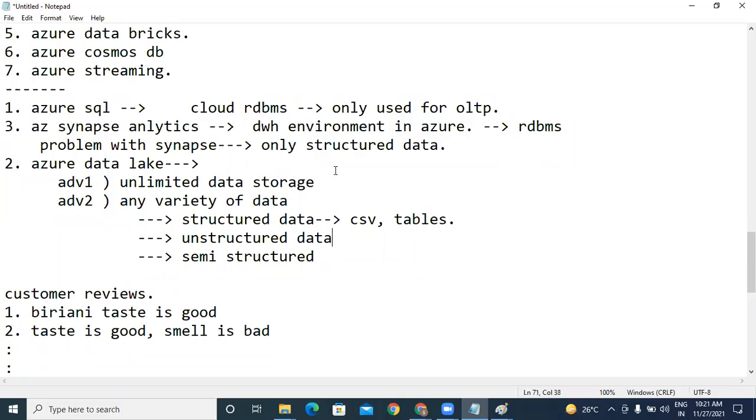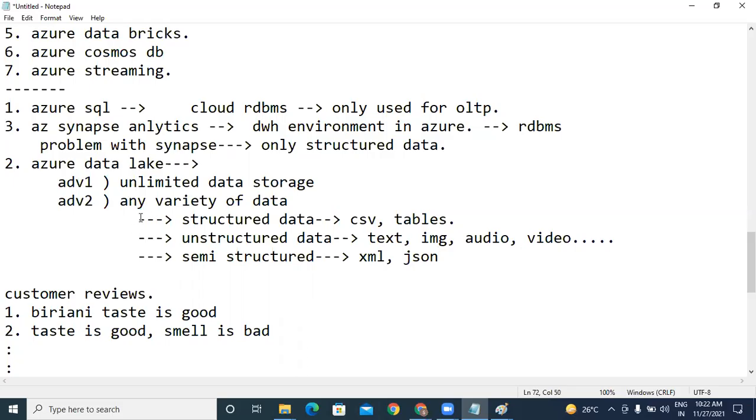Unstructured means Excel, raw text, image, audio, video, such kinds of things. Semi-structured means XML, JSON, such kinds of things.